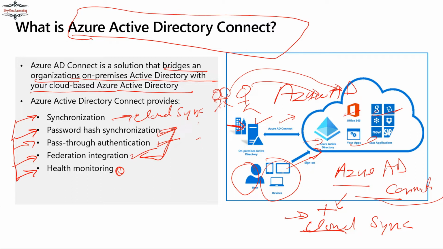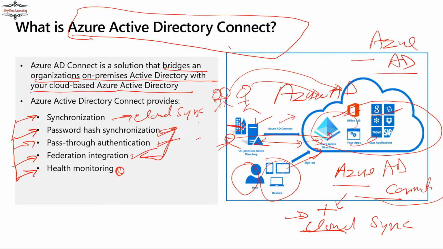To do the same, we have a synchronization between on-premises and the cloud, because the user identity exists here, the account created on-premises. So I will sync my object to the cloud, then the user can access those resources that are based on Azure AD.